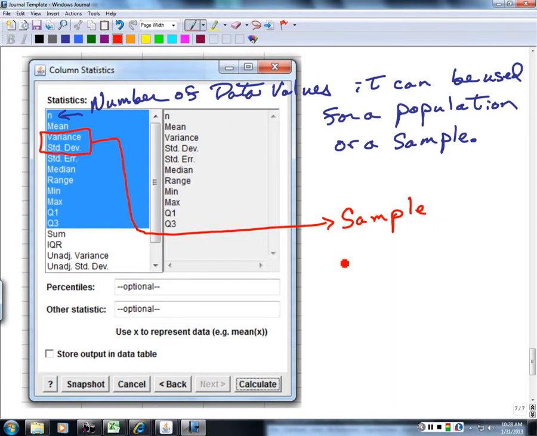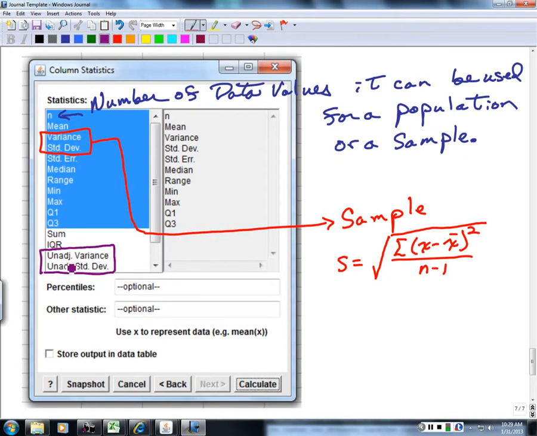And it's going to use S is equal to the square root of sigma of x minus x bar quantity squared over n minus 1. All right, that's your standard deviation formula. So those two are for a sample. Where it says unadjusted variance and unadjusted standard deviation, that's for a population.